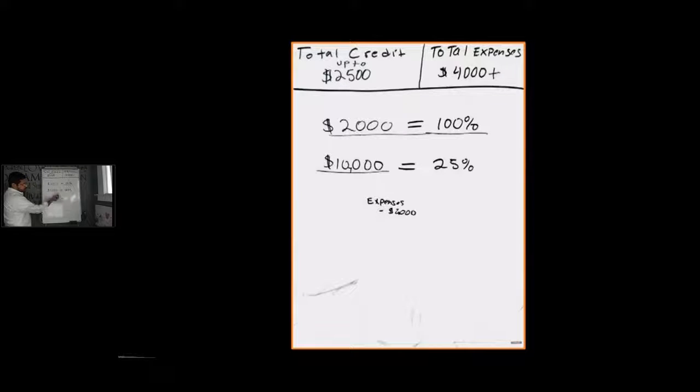So what's the total amount of expenses that the IRS is going to use for your credit? $4,500. I'm sorry if the letters are a little bit small. So the expenses: the first $2,000, and then 25% of $10,000.